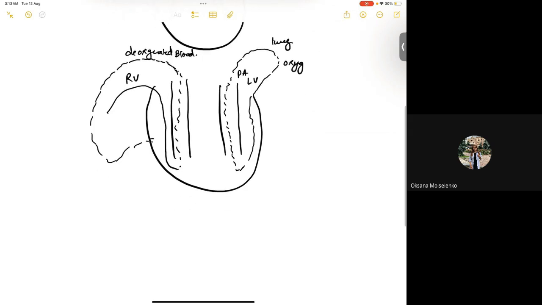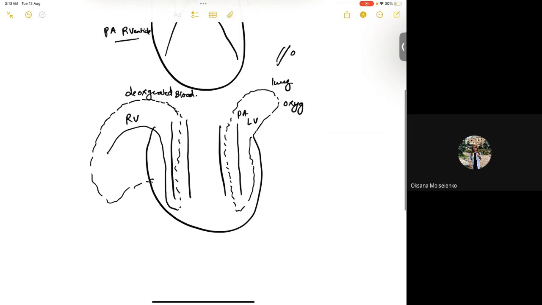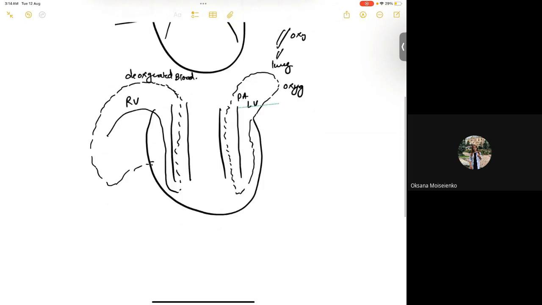On the right side we're going to have deoxygenated blood circulating, and on the left side we'll have the oxygenated blood, which is going to keep on circulating. So even if you are giving 100% oxygen to this baby with transposition of great vessels, it won't improve, because as you're getting oxygen into the lungs, you're further oxygenating this pathway, which is of no use, because we need oxygenated blood to be in the systemic circulation in order to improve cyanosis. Is it clear?